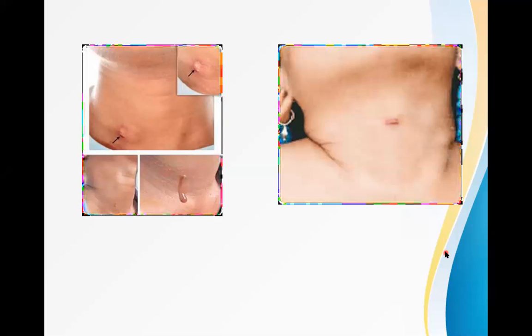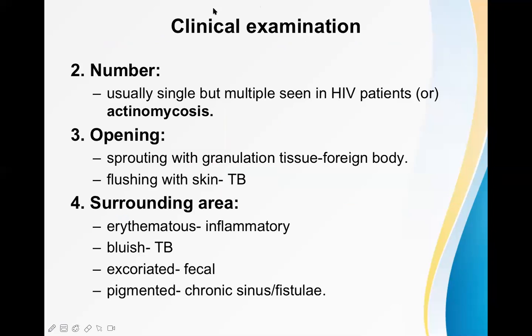If there is no resistance felt, and it can easily go inside, it is a fistula. But if there is resistance, if the other end is blind, probably this is a sinus. So it is a little bit difficult just by looking at the site. That's the point. Let's move on.